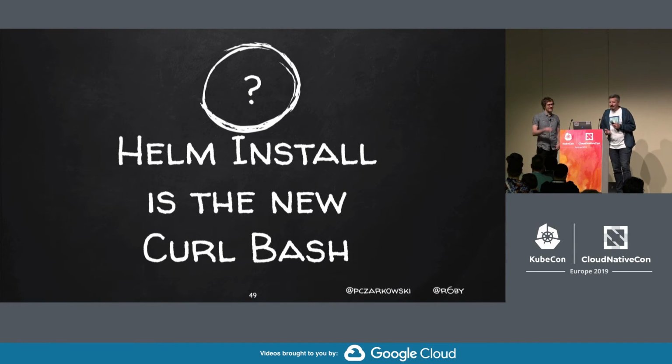Yeah, right. So I kind of indicated this earlier. Let's say you're installing from the Helm community charts monorepo right now, and you do a Helm install stable WordPress or something like this. Well, you're already hacked. Sorry.